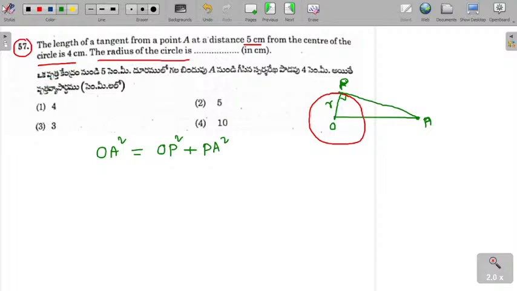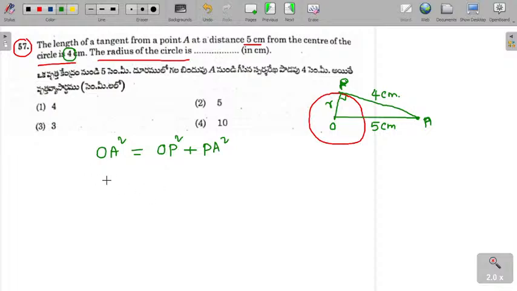Just try to carefully observe. This is 5 centimeters, the distance from the center to the point. Next, the length of the tangent is 4 centimeters. This is 4 centimeters. Then the radius R we need to find out. I hope it's clear.